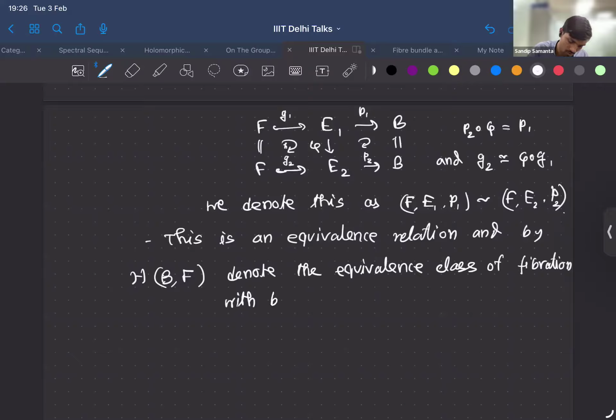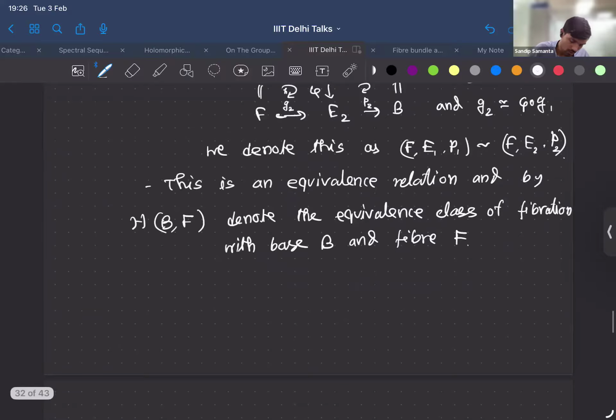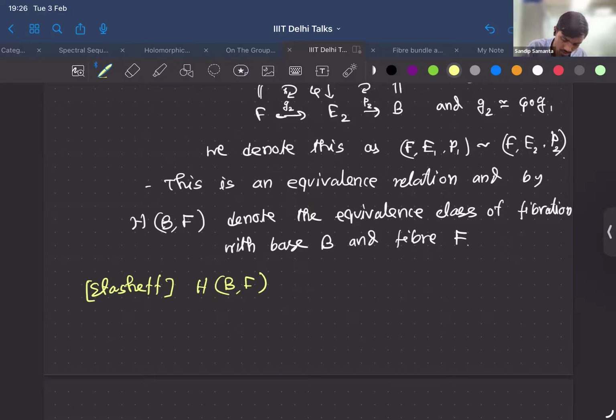Fibrations with base B, that means E to B, where p maps to the base, and fiber F. And now Stasheff's theorem says that this HPF is in one-to-one correspondence with, for each such B and F, you will get one space B infinity, such that the homotopy classes of based maps from B to B infinity.